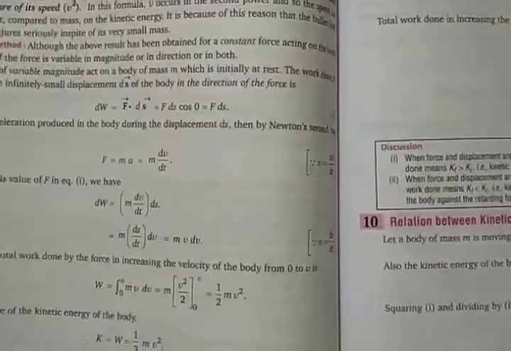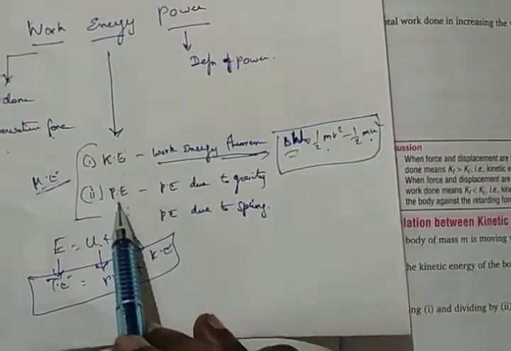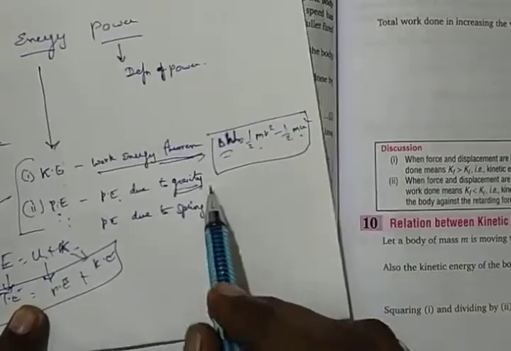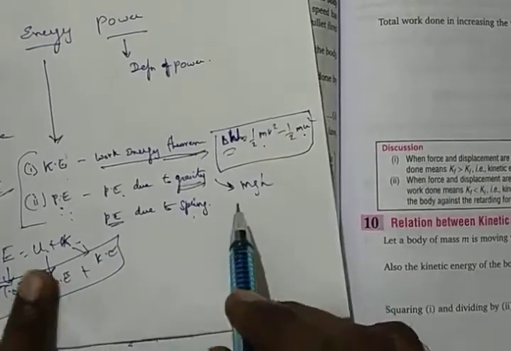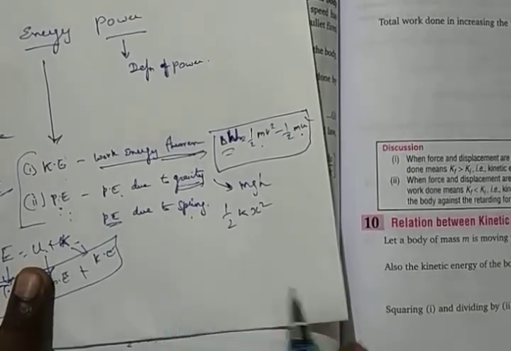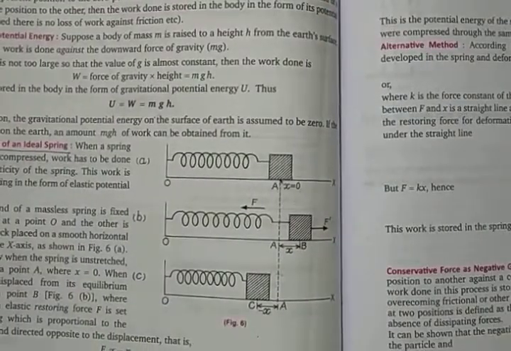Once you have done the work energy theorem, then potential energy comes. It is potential energy due to gravity, acceleration due to gravity, which we call mgh. And then potential energy due to the spring, that is half kx square. We will derive two potential energies.